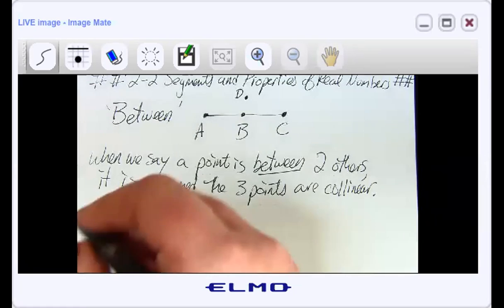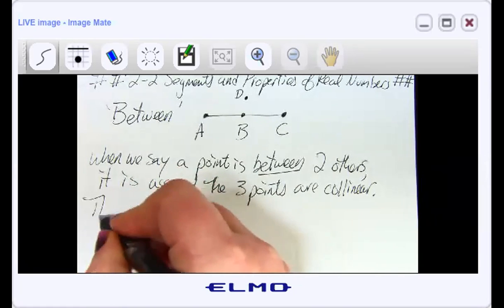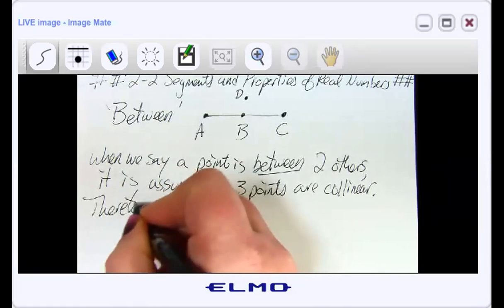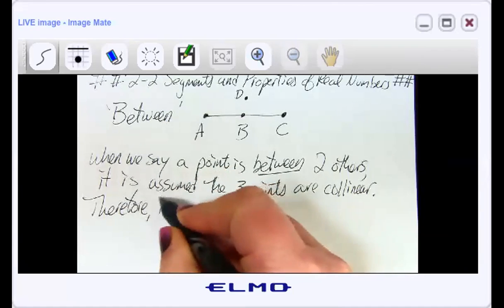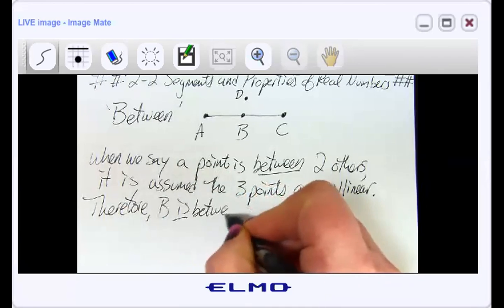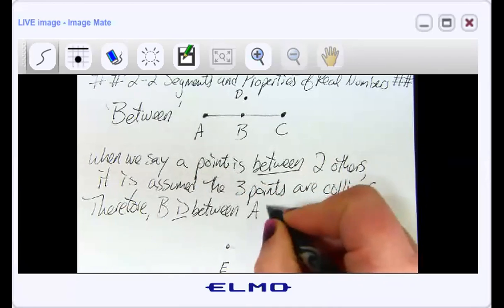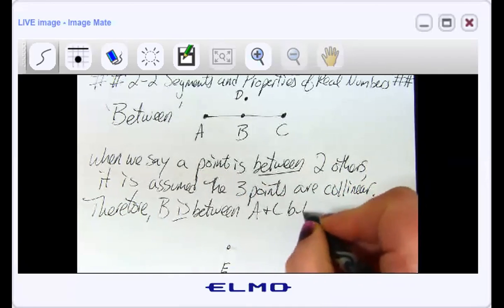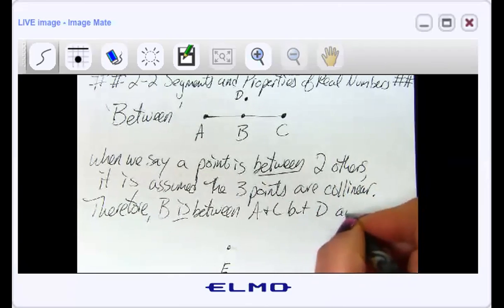Okay, so we can add that. Therefore, B is between A and C, but D and E are not.